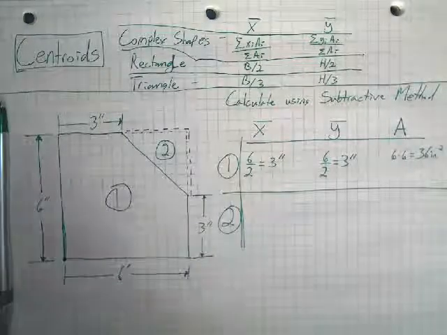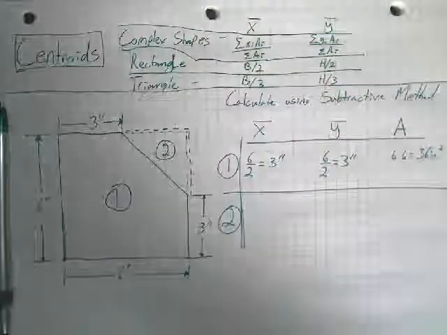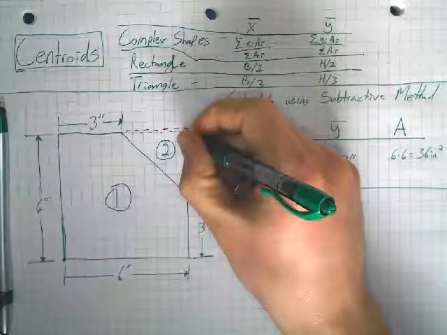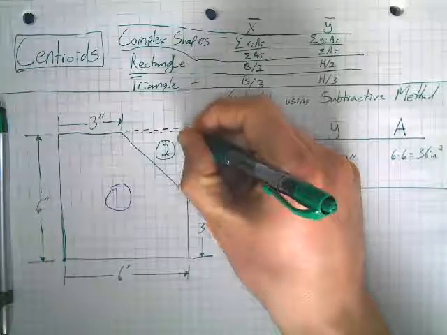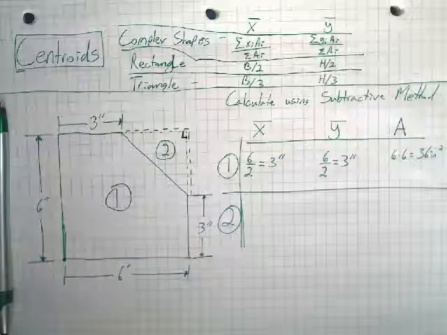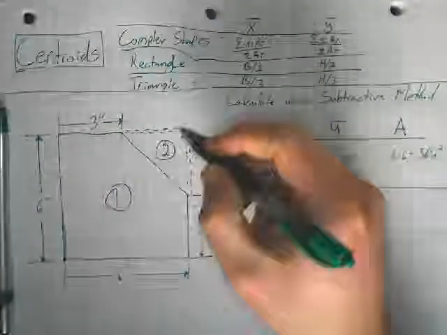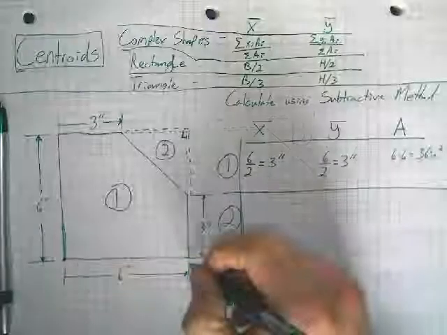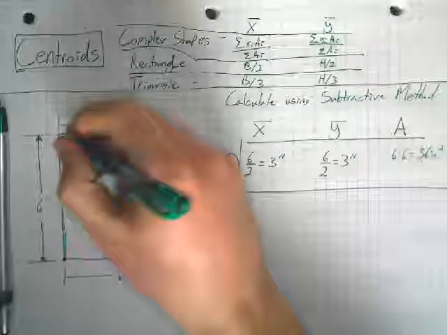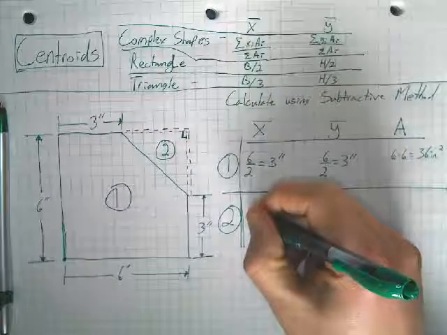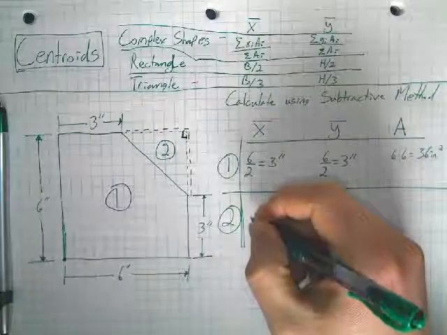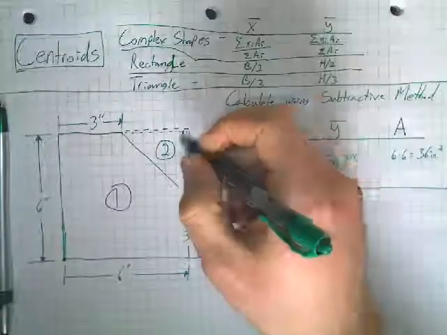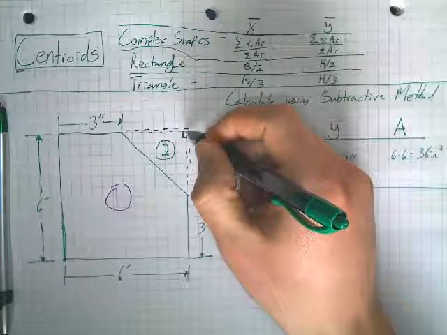If we remember our rule for right triangles, the centroid is always located a distance away from the right angle. The key here is remembering that I'm starting at 6 now because I'm going over 6. Like last time where I started at 3 and then added more on, now I'm at 6 and I'm working my way backwards.